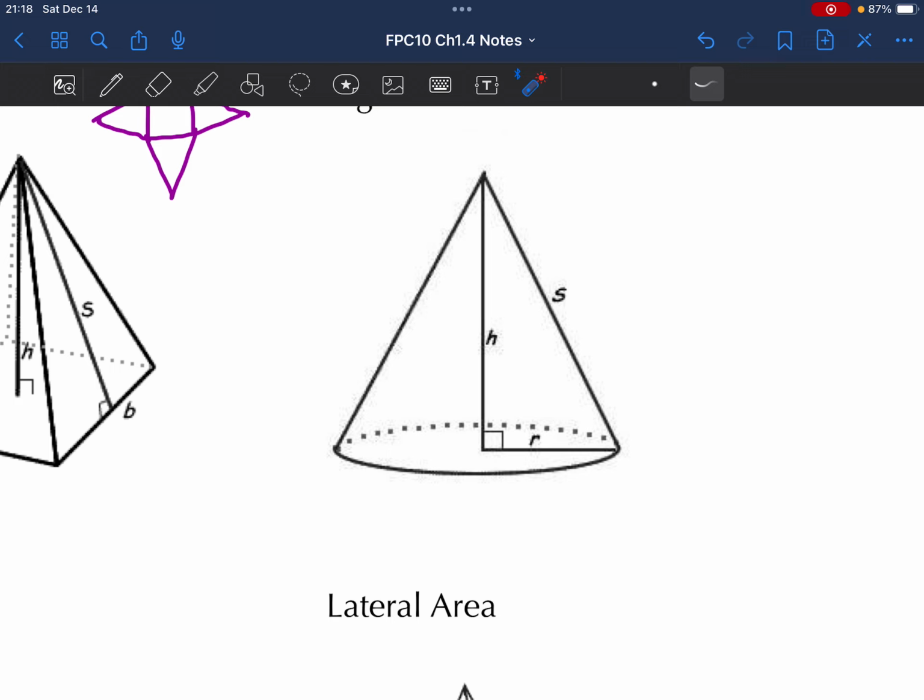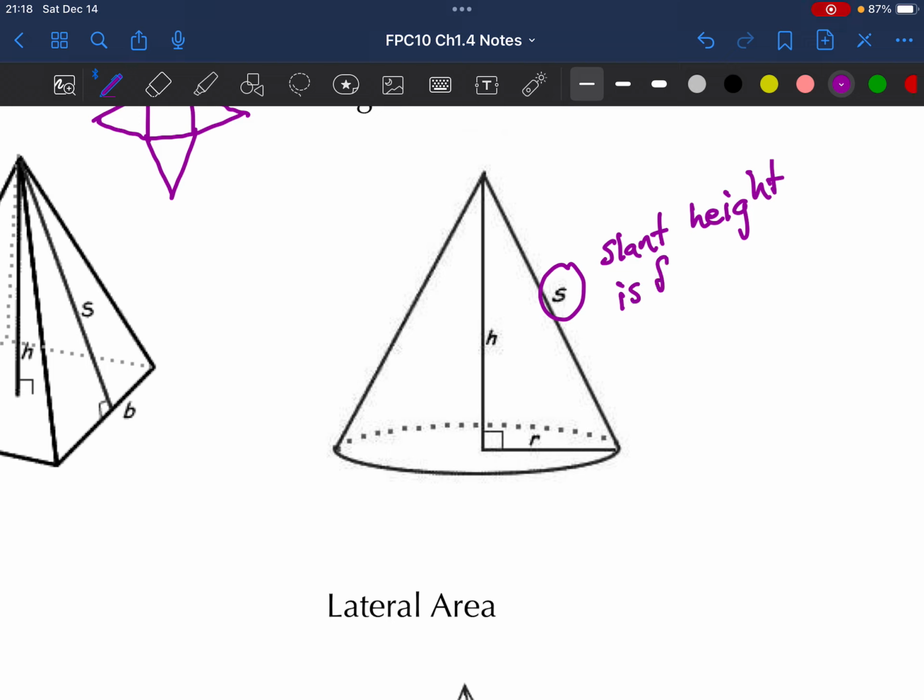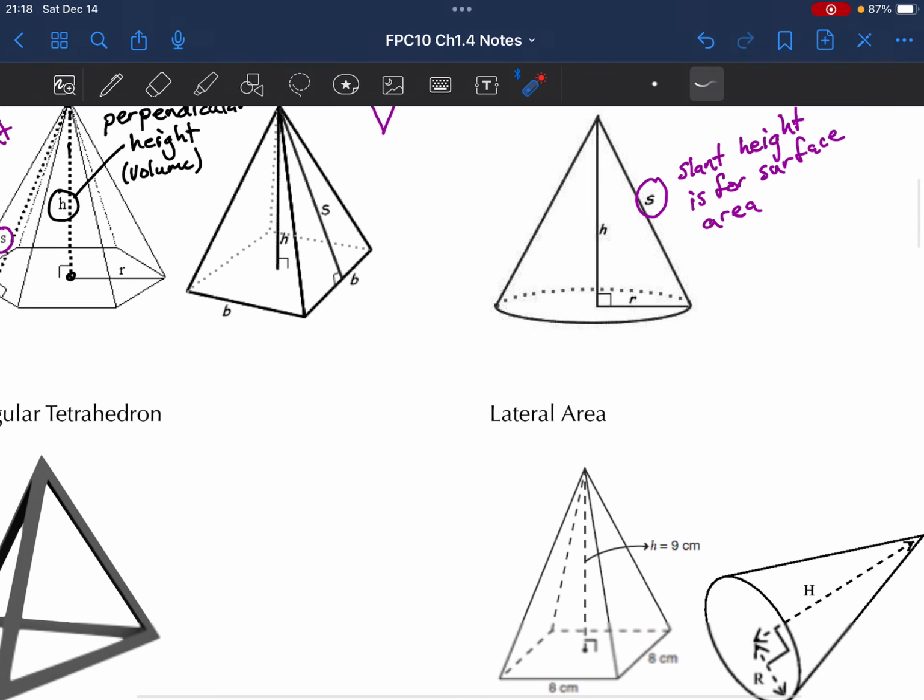Because the slant height, which is right here, is for surface area. The perpendicular height right here is for computing volume. We're not doing volume today. We're just doing surface area.